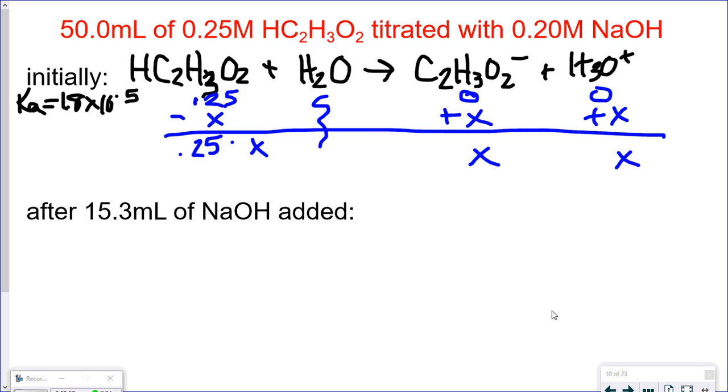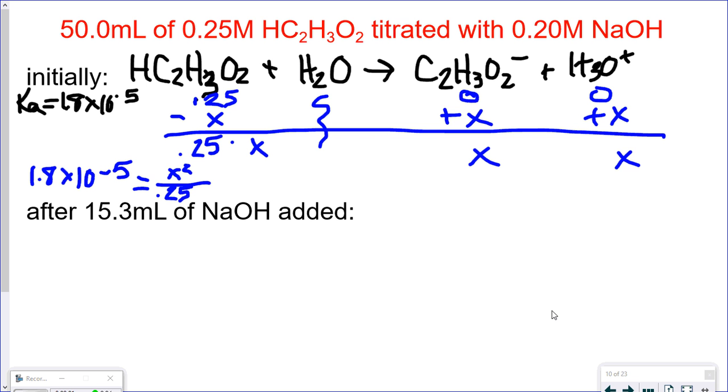So the 1.8 times 10 to the negative fifth is going to be equal to x squared, when we combine our products, over 0.25, and we can ignore the minus x because there is a difference of 3 decimal places. So if we solve for x, we get that x is equal to 0.0021, which is going to be our concentration of our hydronium.